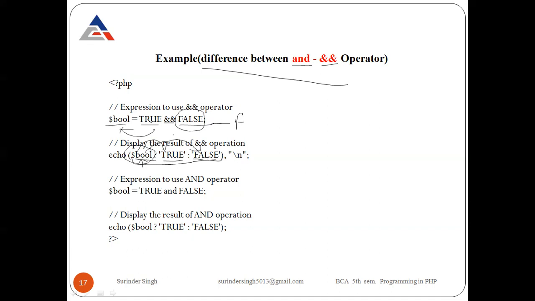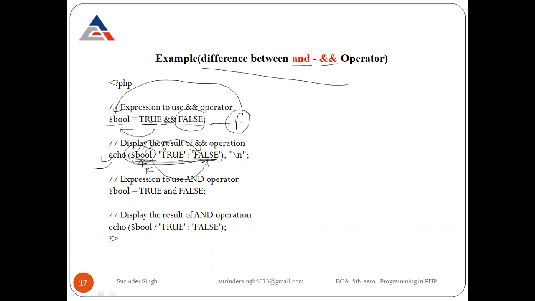Now, when we did true and false, it returned false, and the variable bool has the value false. In the echo statement we use the conditional operator. Now bool has the value false, so expression 1 is false, and if expression 1 is false, then it will execute expression 3. And the answer is false.